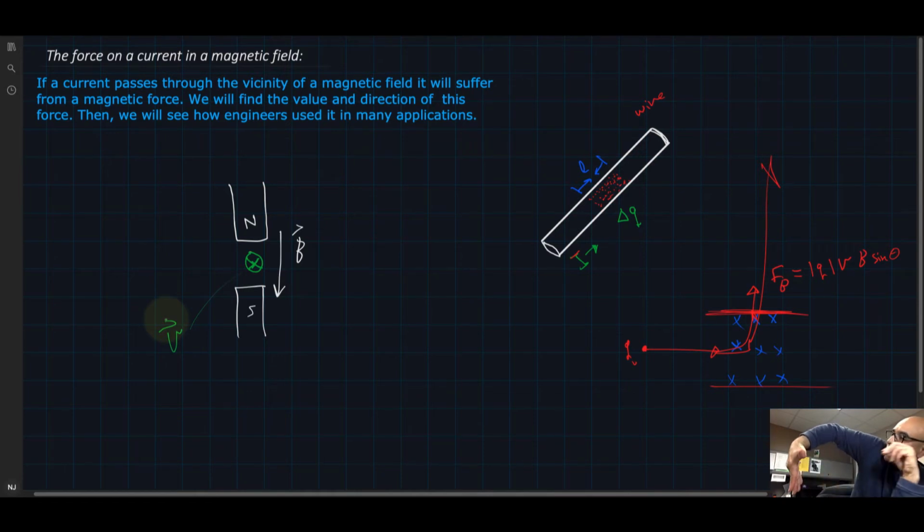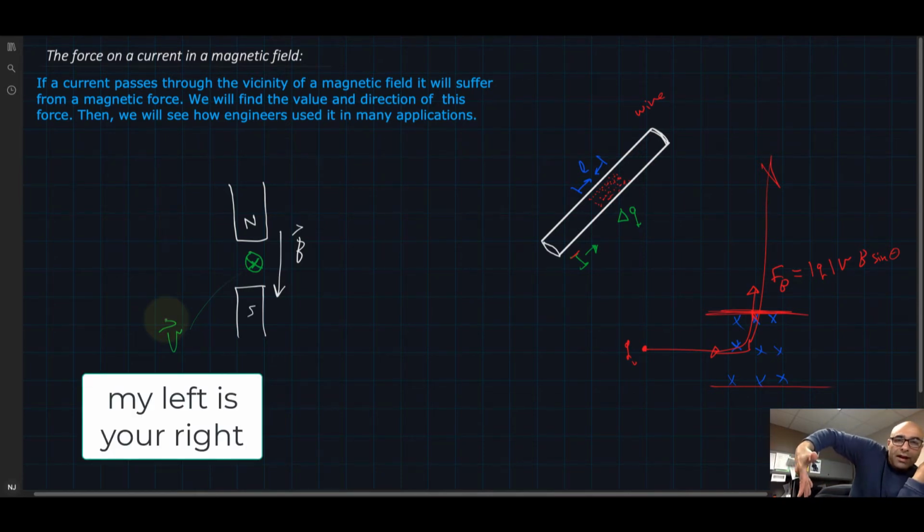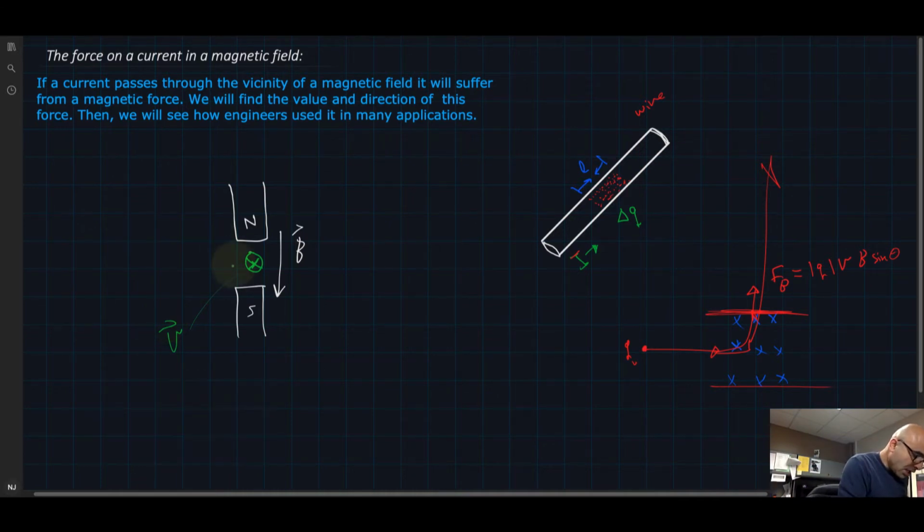So the force would be to the left, this way. So this wire is going to feel a force like this one. As soon as the wire has a current going inside, the current will be pushed this way, and the current is constrained by the wire, so the whole wire will be pushed this way.